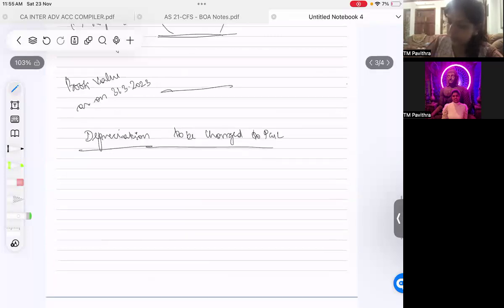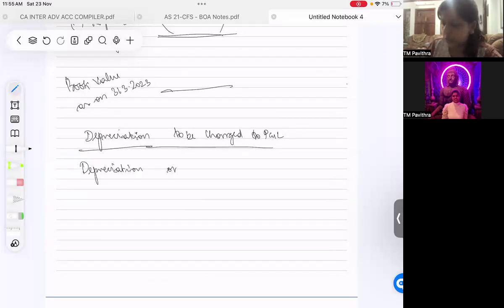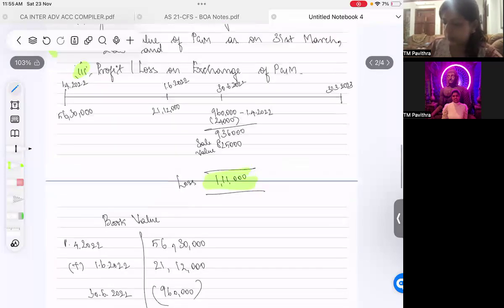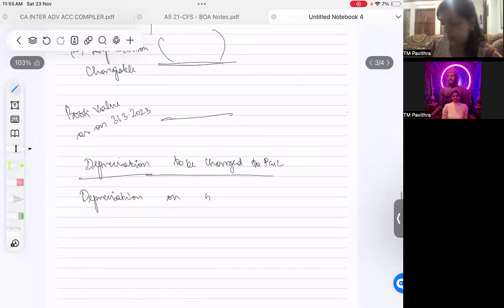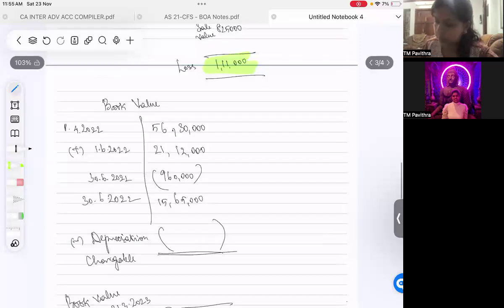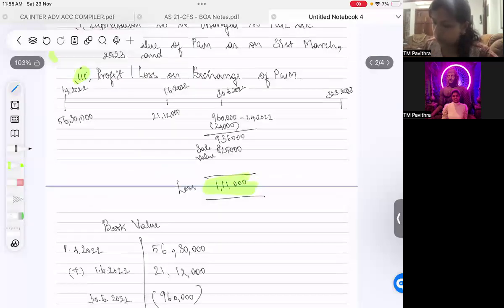So depreciation on 56,30,000 for 3 months. Why 3 months? Because it is 4, 5, and 6.